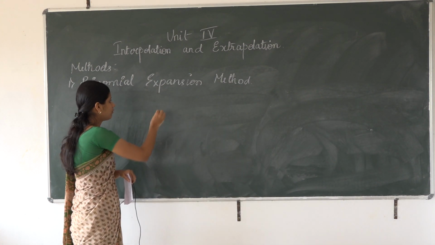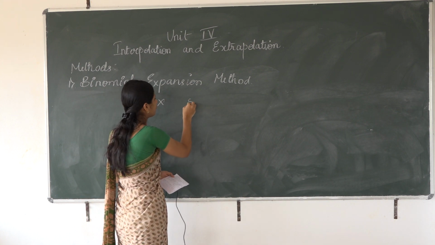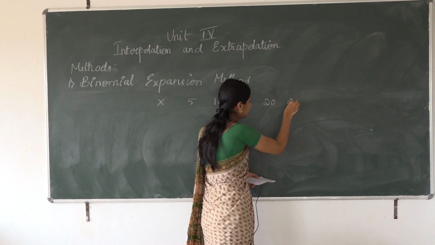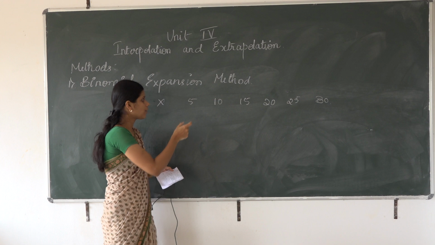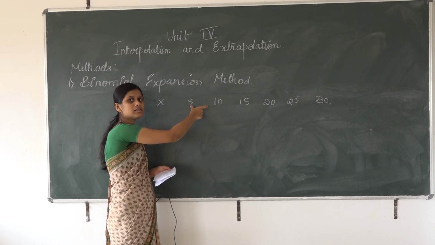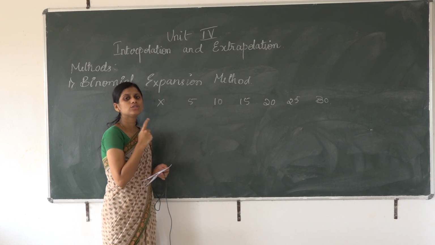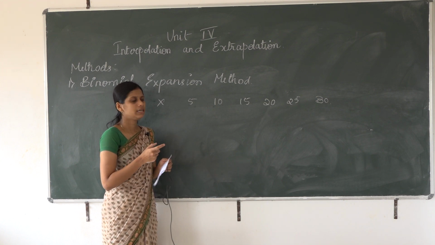For example, x is 5, 10, 15, 20, 25 and 30. The difference between the values of x is 5. So the first condition says that the values of the independent variable should have a common difference.